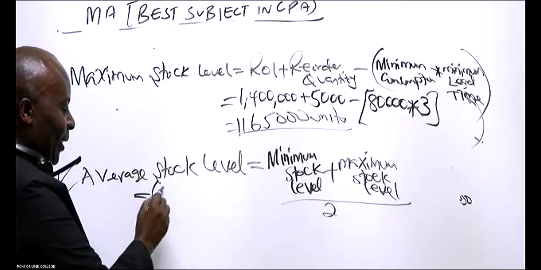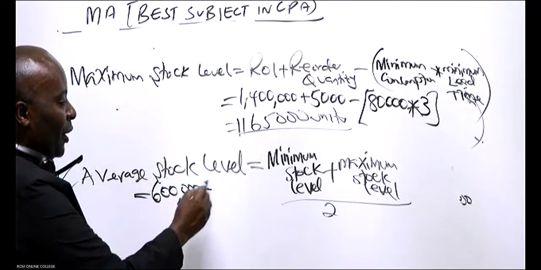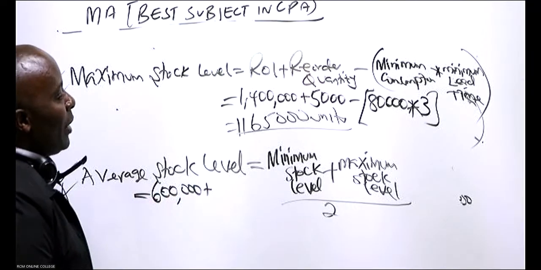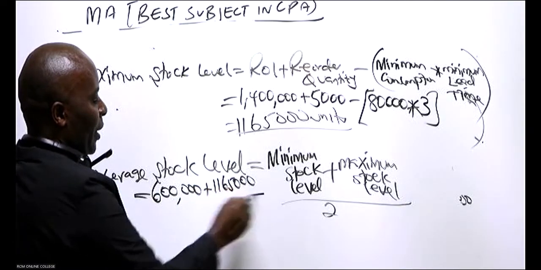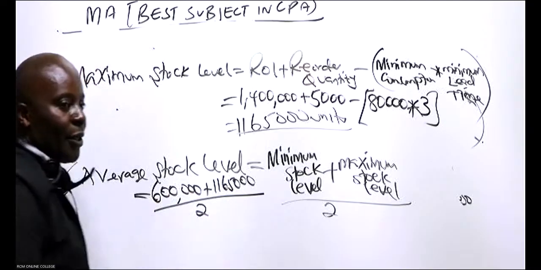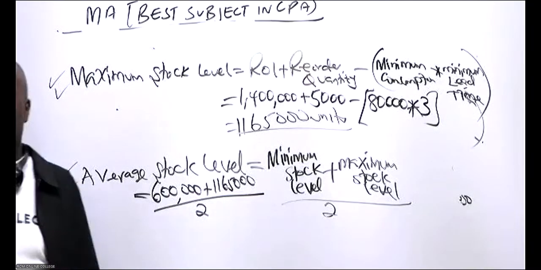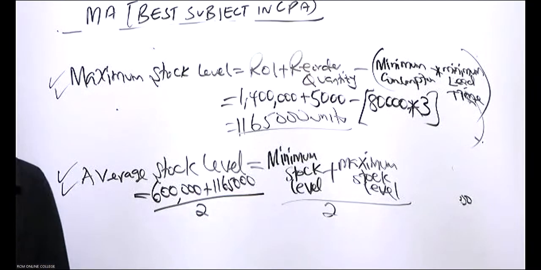600, please, yeah. I'm sure they don't confuse. 600,000 plus maximum stock level is how much? 1,000, isn't it? And then everything we divide by 2.